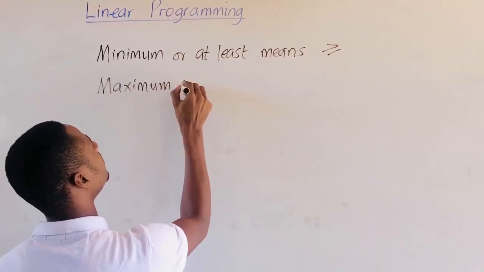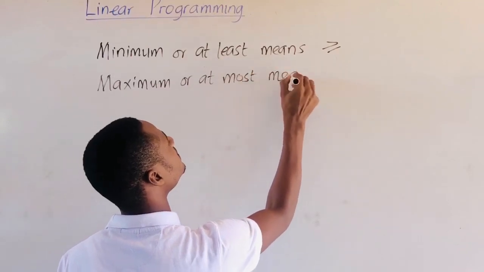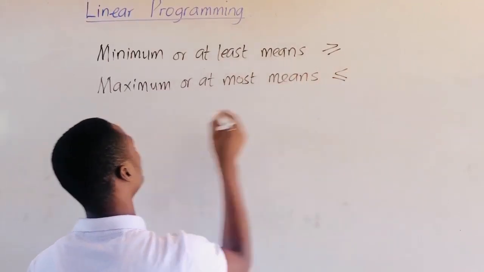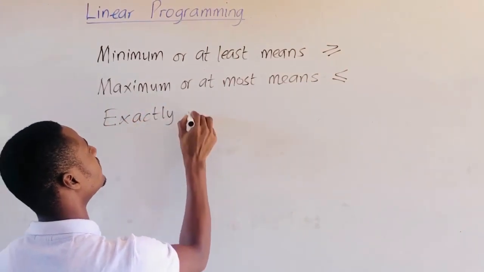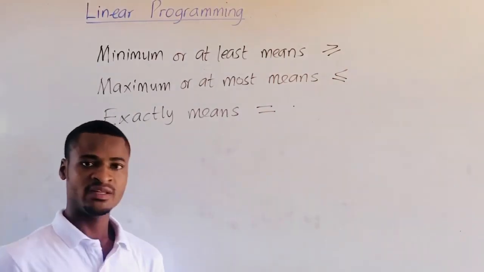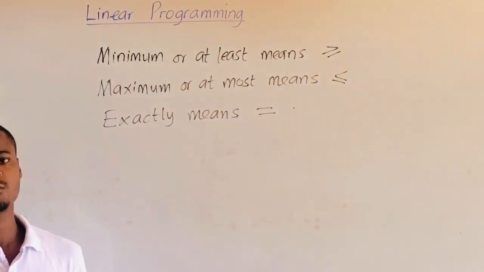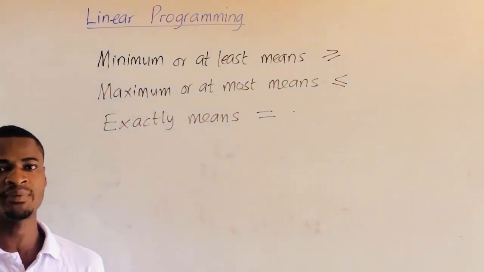Maximum or at most means less than or equal to, and exactly means equal to. These three terms will help us to formulate our linear programming model and effectively apply it.